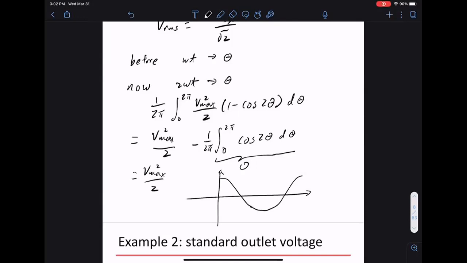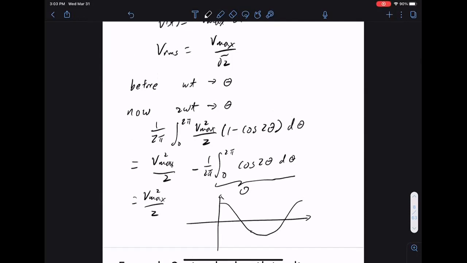It doesn't matter what the exact period is; you're just integrating over an entire period, or multiple whole periods of cosine. So it doesn't matter what the frequency is. The RMS voltage only depends on the maximum voltage, Vmax, not on the phase and not on the period.